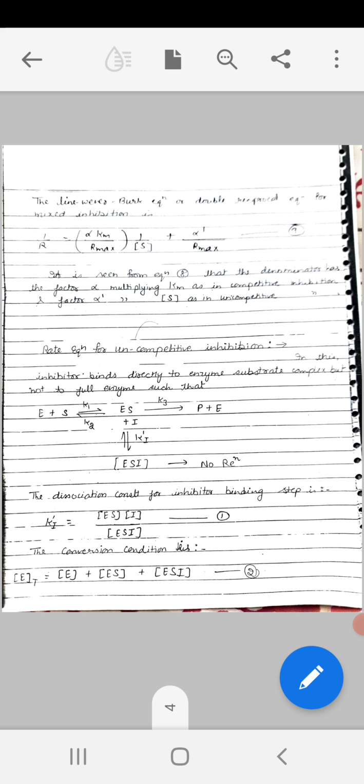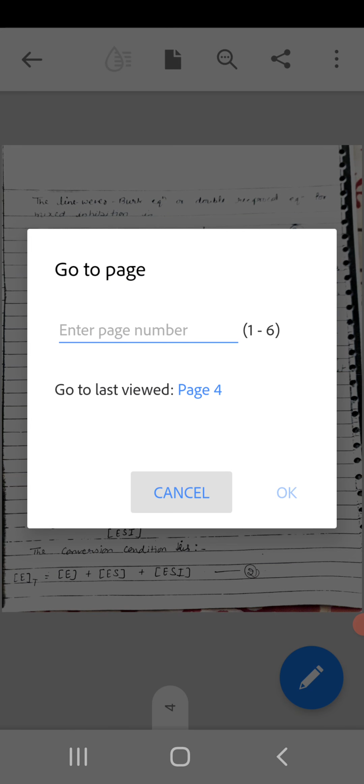The dissociation constant for the inhibitor binding step is Ki dash is equal to ES into I concentration divided by ESI concentration. This is equation number 1. The conservation condition ET is equal to E plus ES plus ESI is equation number 2.